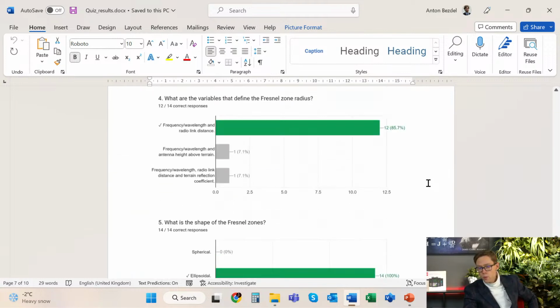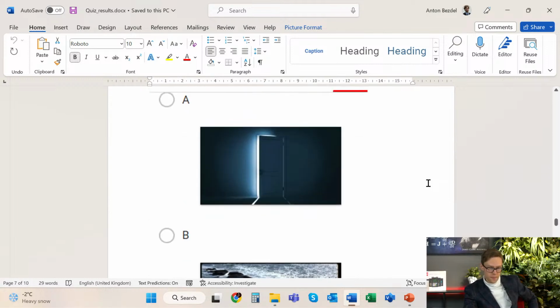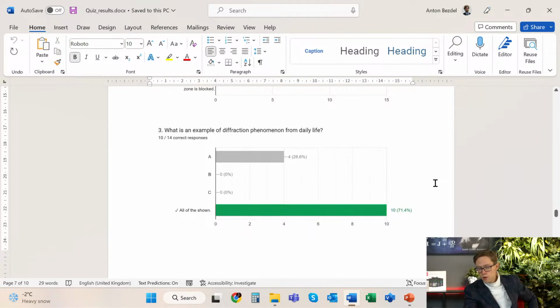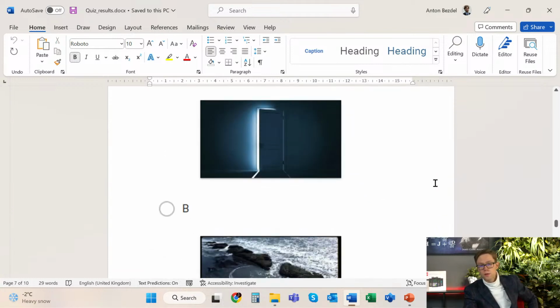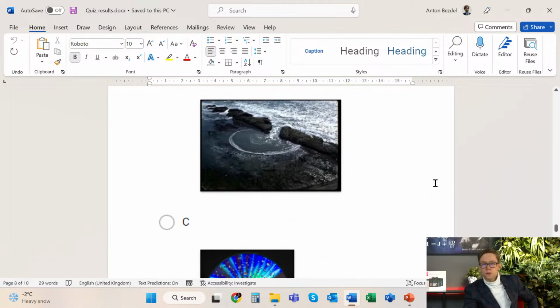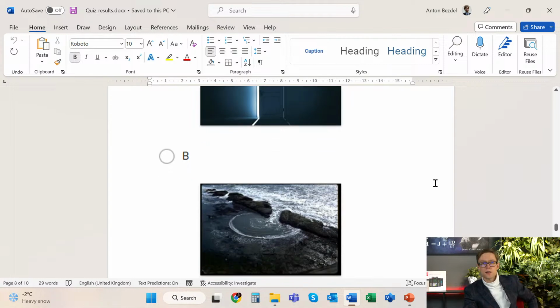However, one of the questions brought some controversy, and I'm talking about question number 3, because there was a trick for you, and also there was a discussion with one of my colleagues. He came to me 2 days ago and told me that this first example of diffraction is not actually a diffraction, but let us start with the third one.